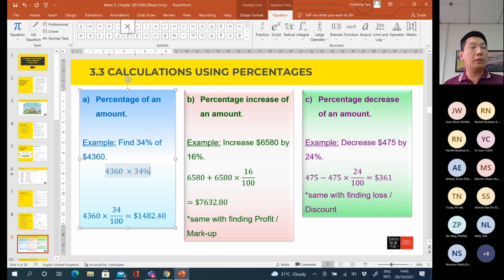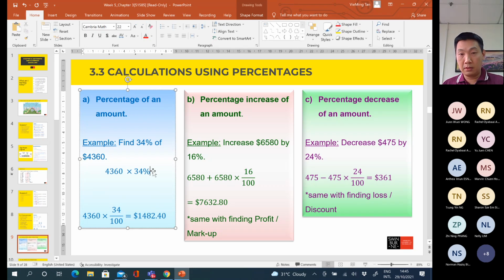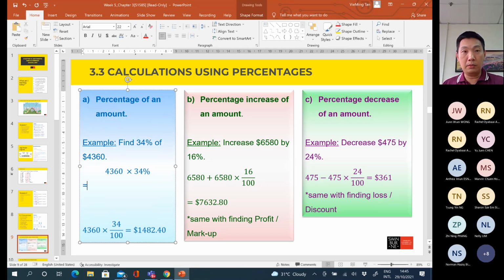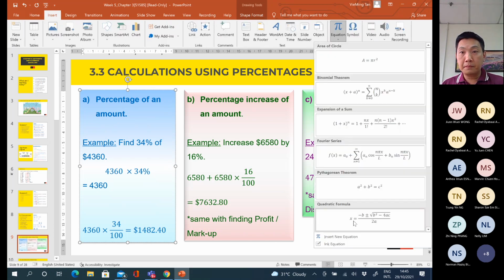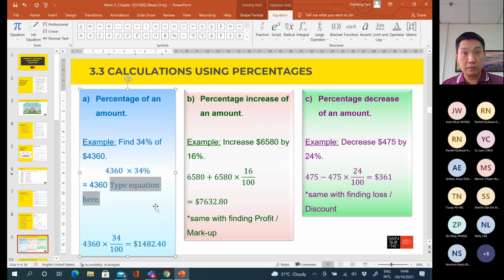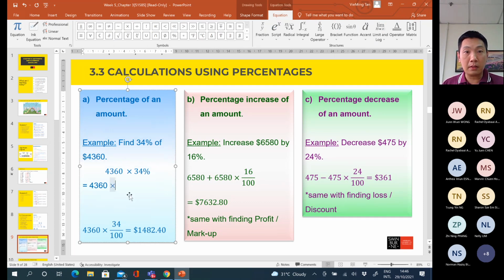When you want to do calculation, you cannot just simply use the percentage number to do the calculation, all right? You need to convert this percentage into decimal number first, right? So 34% means 34 divided by 100, okay? So it's equal to 4360 multiply, I use this one, 34% means 34 divided by 100.